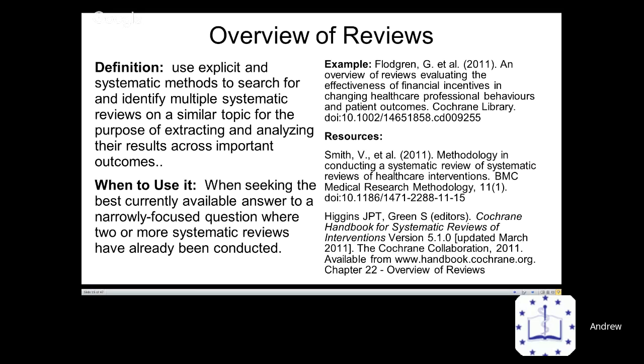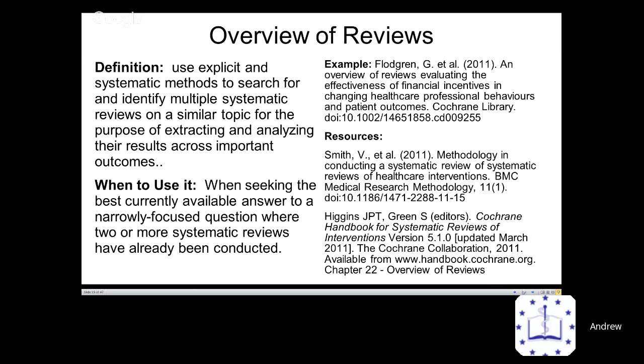This means that they do have to be sufficiently comparable. We start to see these overviews of reviews appearing in the Cochrane Library. I've given one example in the top right corner. And we're starting to see details on how you do these reviews.